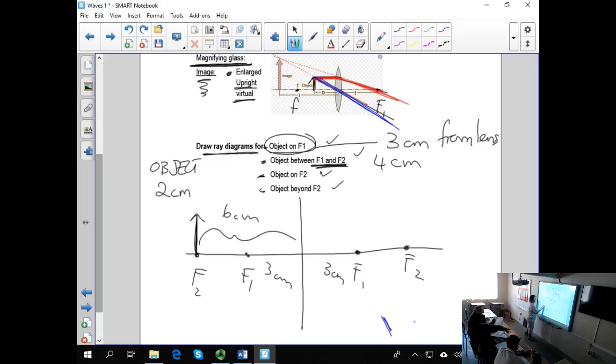And the last one, beyond F2, so make it 8 centimeters from the lens. Then I want you to see what the image looks like for each condition. You don't have to work out the enlargement.